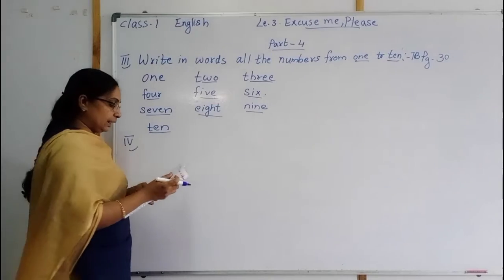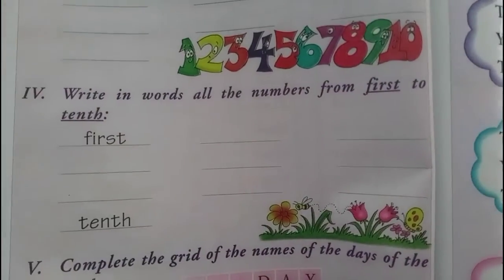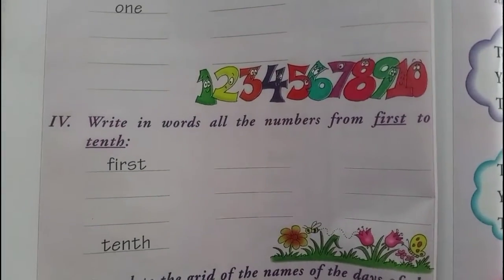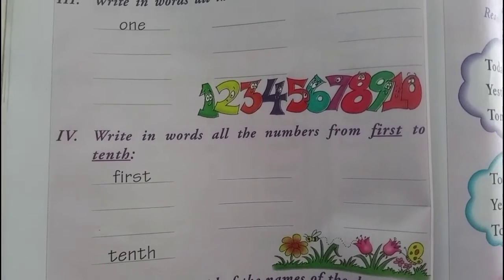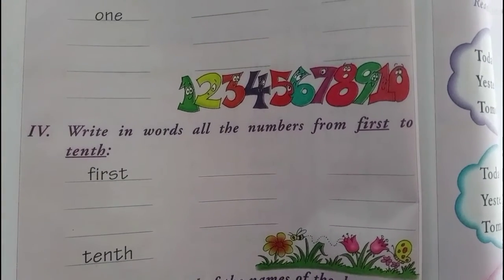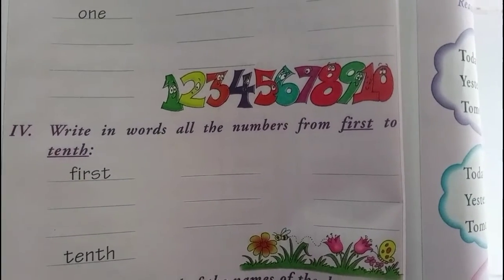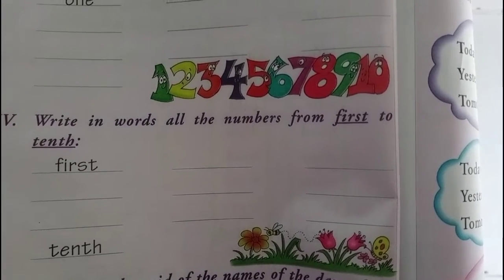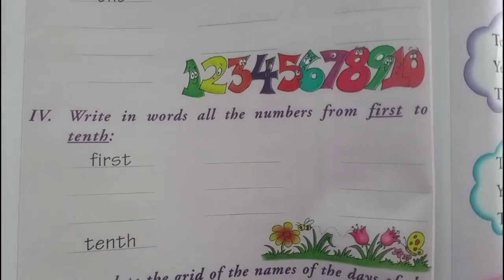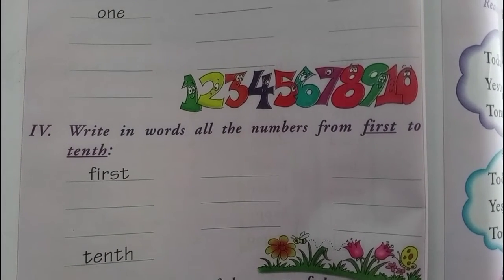The next, Roman number 4. Next exercise is write in words all the numbers from first to 10th.